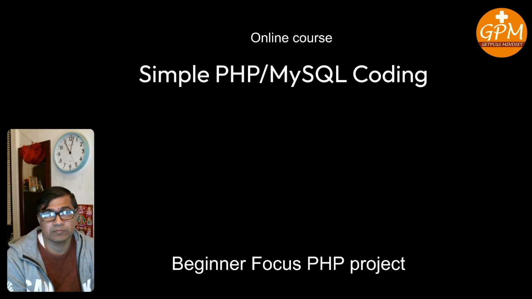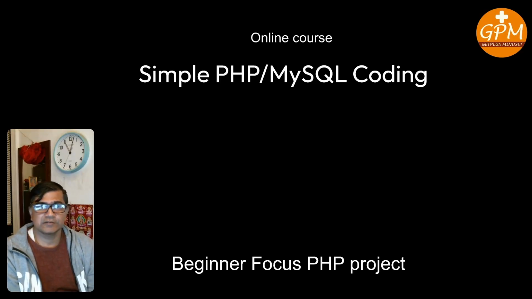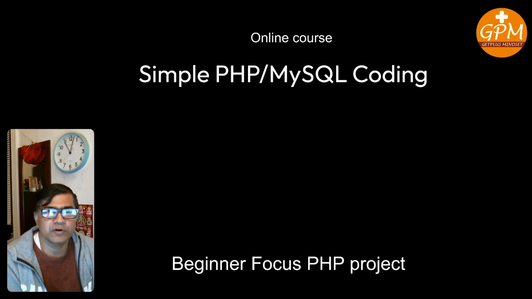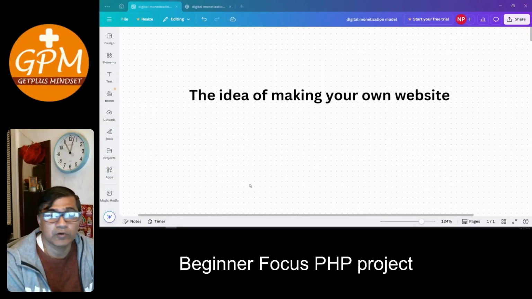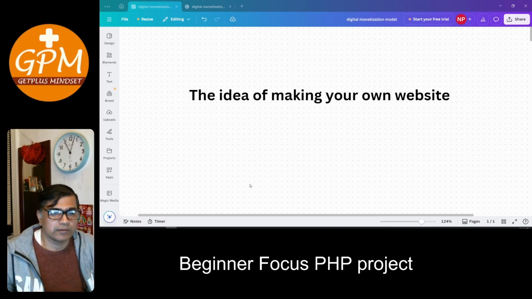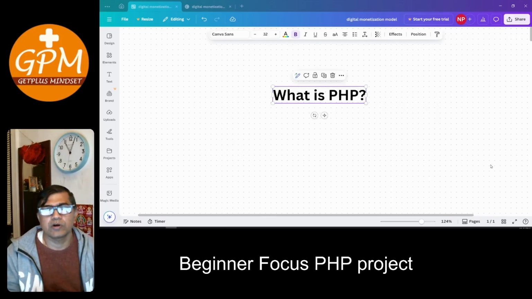If you have no background in coding or programming, you can follow along with this course, and by the end of this lesson you will have very good confidence in using this tool to build something like your own website. So our motivation is an idea. You have an idea and you want to build your own website, and let's see how we can do the coding.